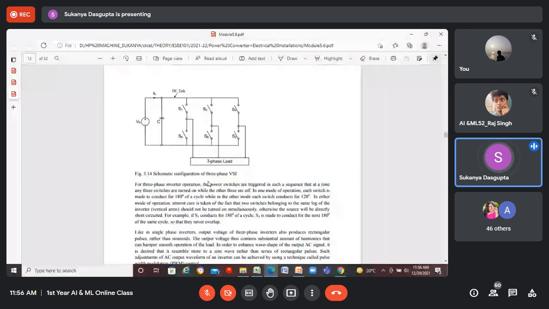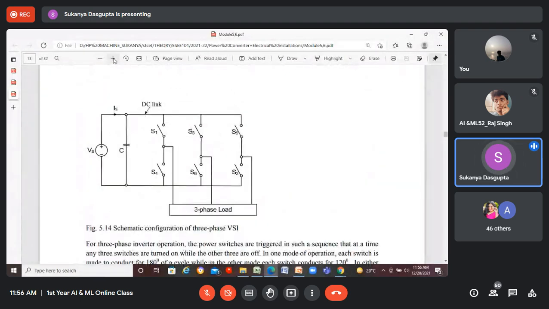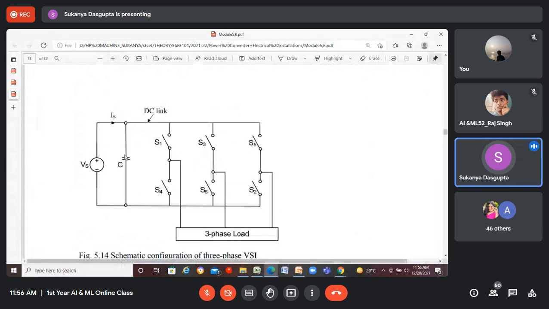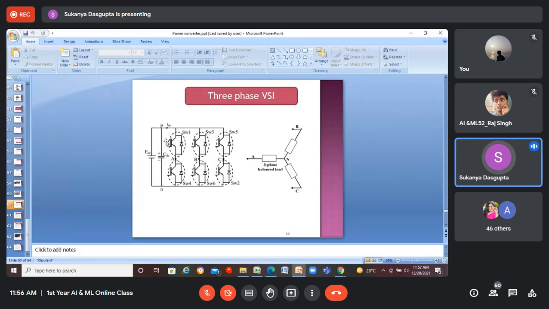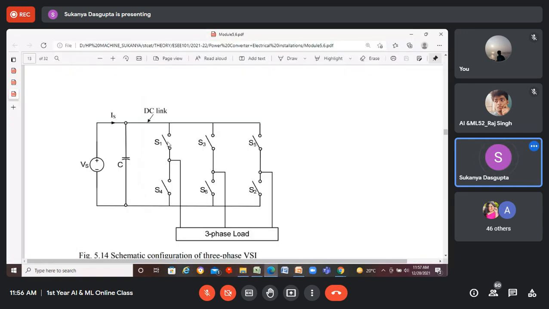Yes, this is the suitable schematic diagram of a three-phase VSI. You can see this is the voltage source, this is the source current, and a capacitor in parallel with the voltage source. These are all switches, six switches. Here IGBTs are taken, but these are all symbols of semiconductor switches, right?